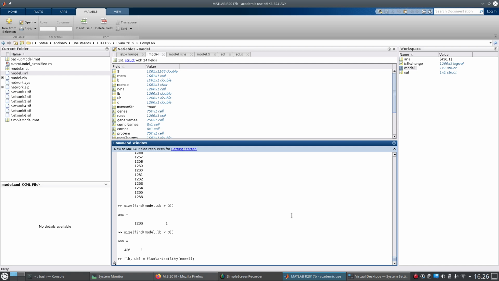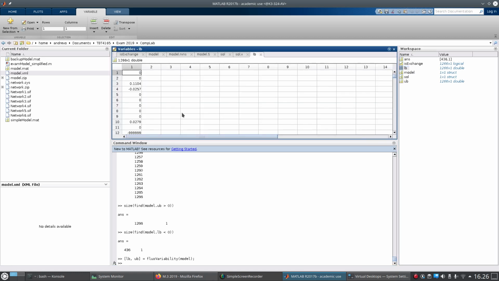For some reason, my MATLAB has been a little bit slow recently. There we go. So if we look here at LB, this is usually negative, and UB here is usually in the positive.